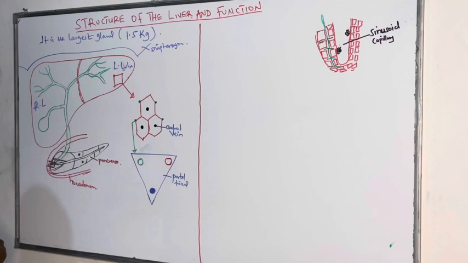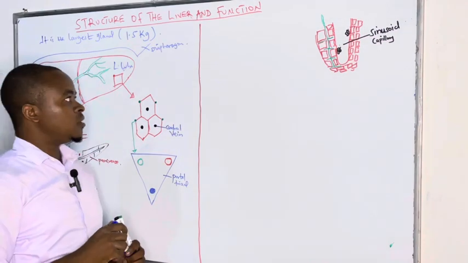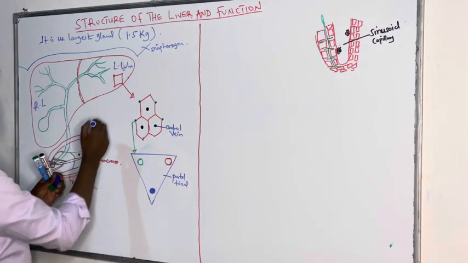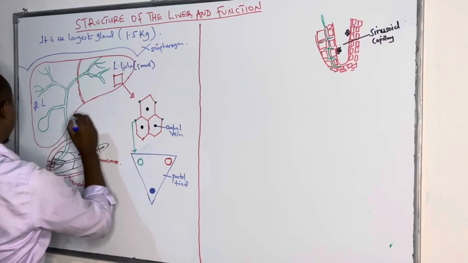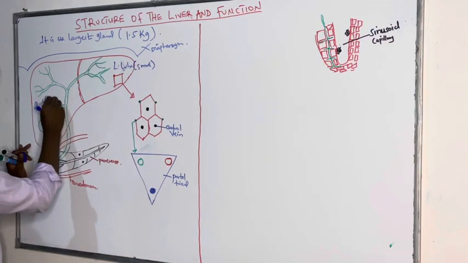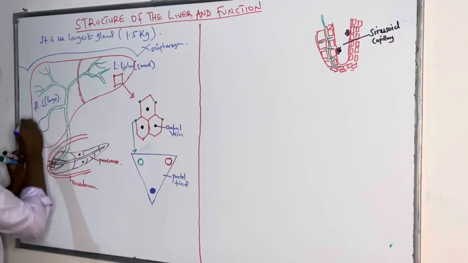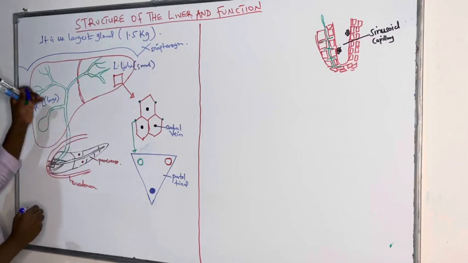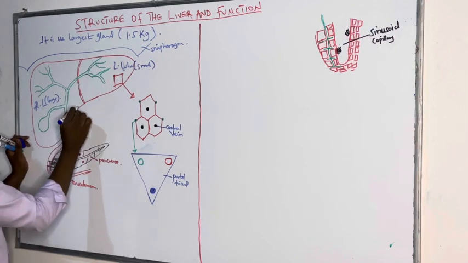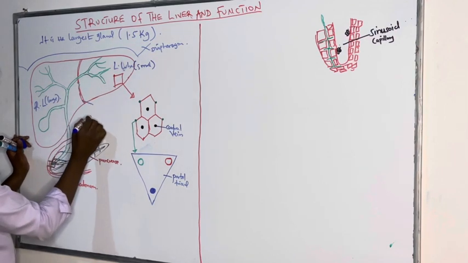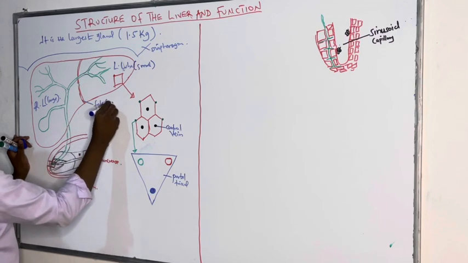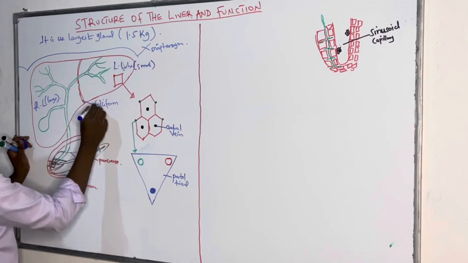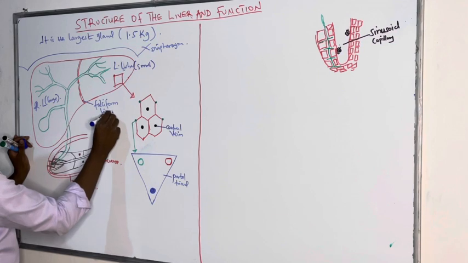The left is the smaller lobe, whereas the right is the larger. Anatomically, these two lobes are divided by the falciform ligament.